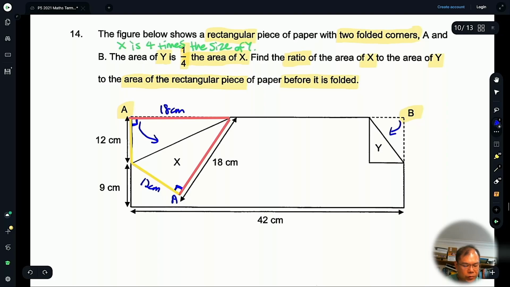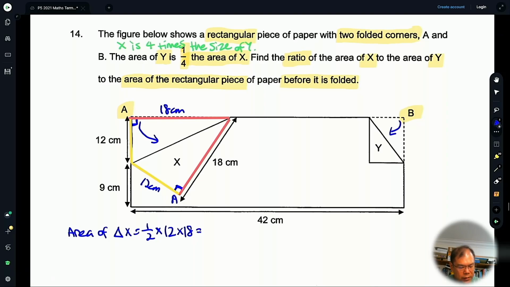All right, so area of triangle X is half of the base. In this case, I'll take 12 as the base times the height, because you see there's a right angle here, so 12 and 18, these two sides are perpendicular to each other, so I can use them as base and height.